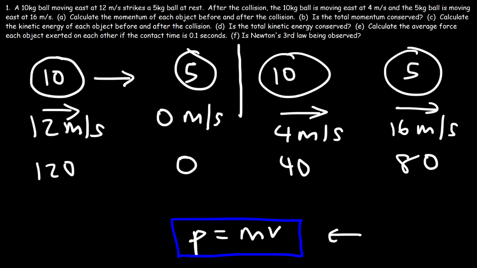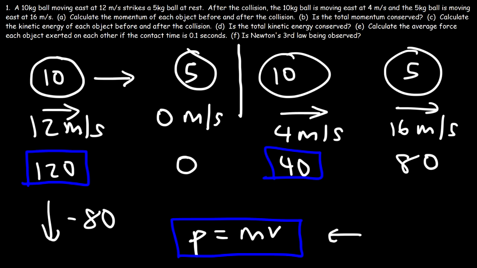Now let's shift our attention to something else. What is the change in the momentum of each object? So if we focus on the 10 kilogram ball, the momentum went from 120 to 40. So basically, the momentum decreased by negative 80. Now, if we focus on the 5 kilogram ball, the momentum went from 0 to 80.